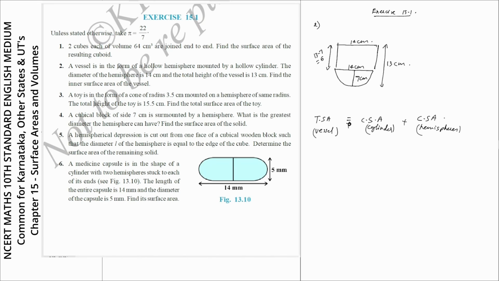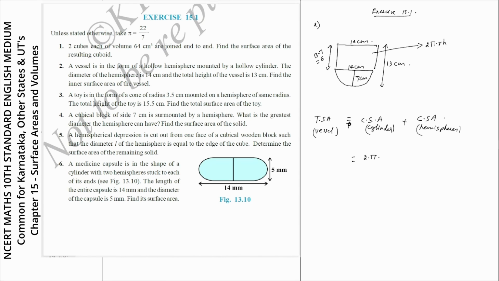Now what is the curved surface area of the cylinder? Curved surface area of any cylinder is given by 2 pi r h. 2 pi r is nothing but the circumference, into height gives the curved surface area of the cylinder.